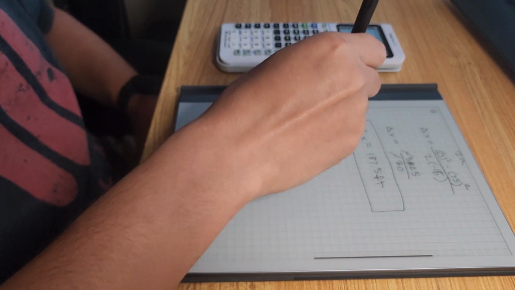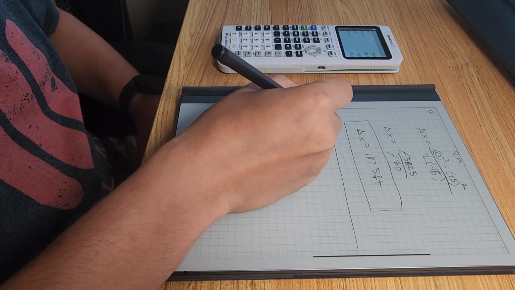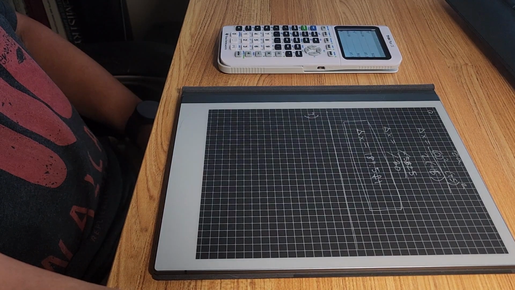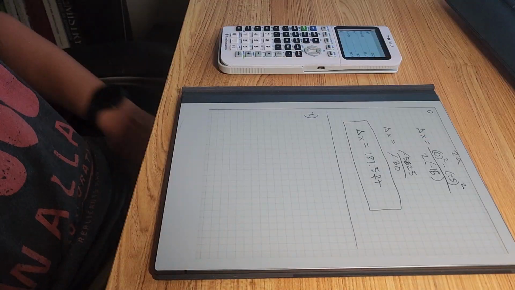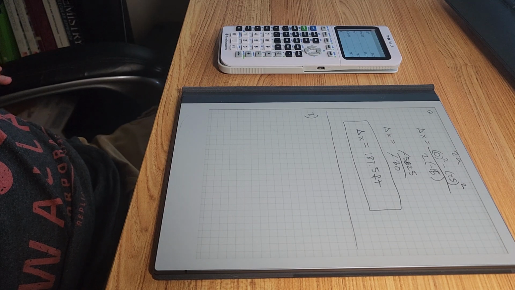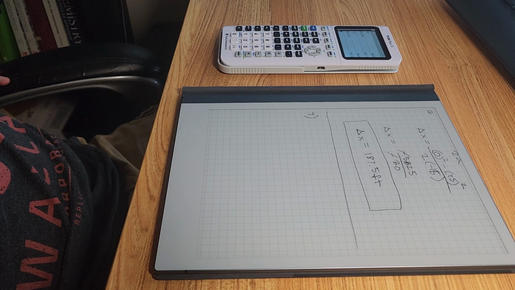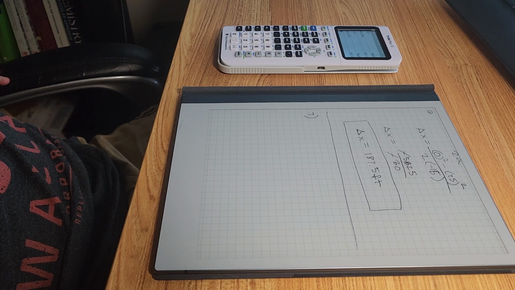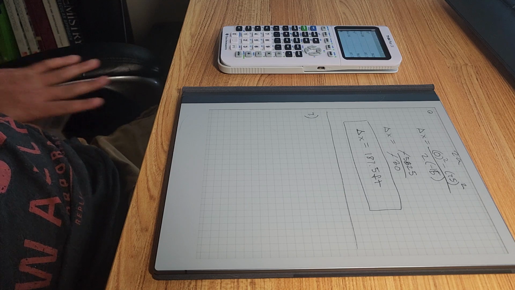The next question is number 7 from exam 1. And that's going to be: find the volume of a solid that has an elliptical base with boundary 4x squared plus y squared equals 4, with the cross sections of the solid perpendicular to the x-axis being semicircles.